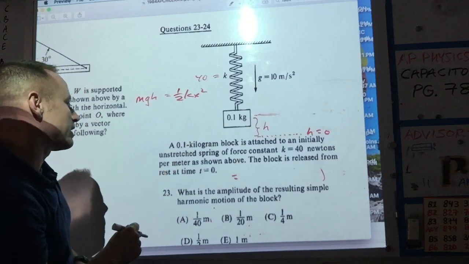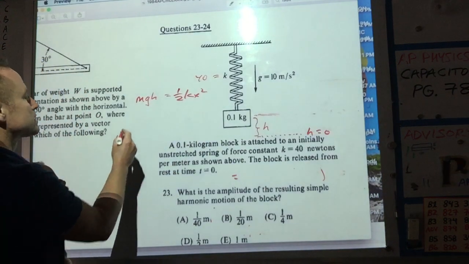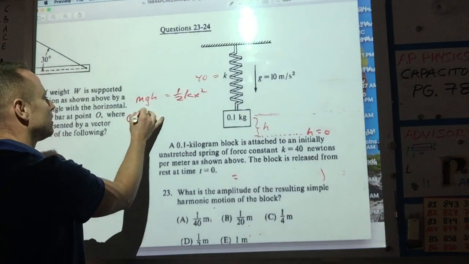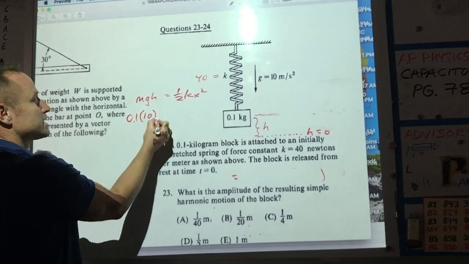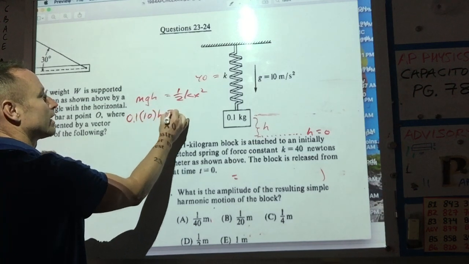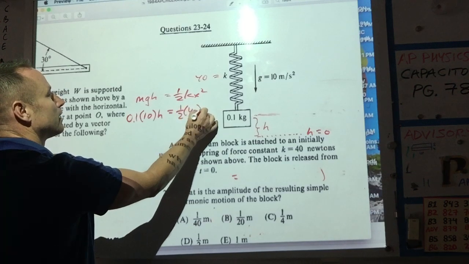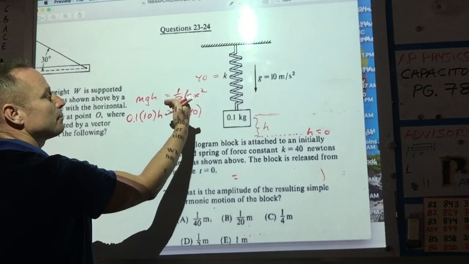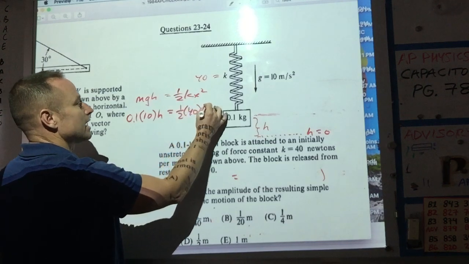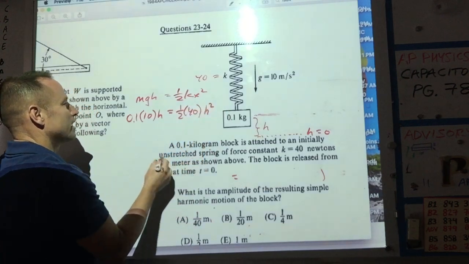So I think we can probably start plugging in numbers. So what do we got? 1/10 of a kilo, g is 10, height is what we're looking for. 1/2 of 40, and then the amplitude itself actually is this height, so that's h squared.